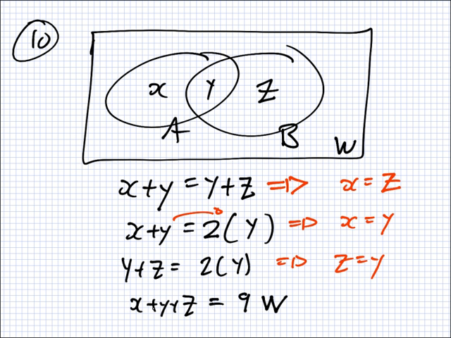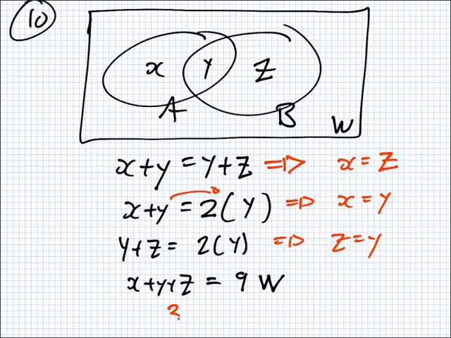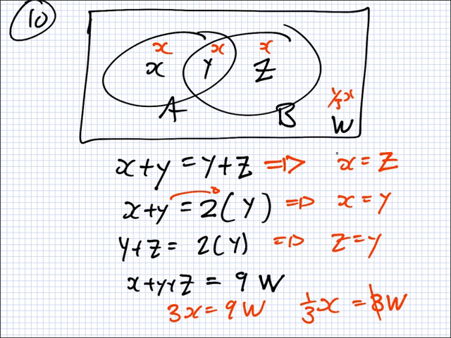Now let's look at what we have here. X is the same as z, x is the same as y, so y is the same as z. So x, y, z are all the same. So I could change the last one into something like 3x equals 9w. That means x would equal 3w, so w is 1/3 of x. Here, this one is x, x, x, and 1/3 x.